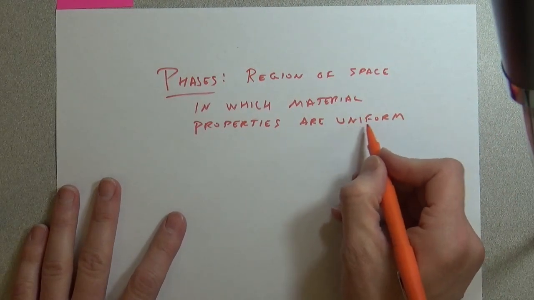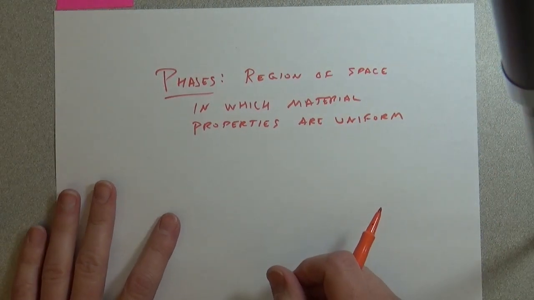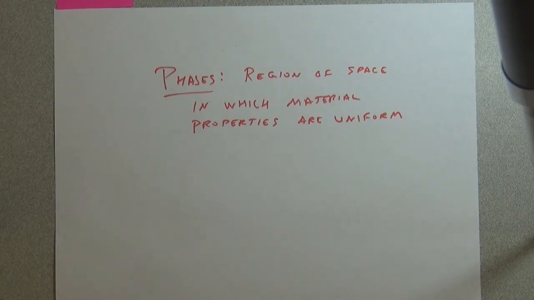Or, I don't know if uniform is the right word, perhaps the same is a better way of putting it. So a phase diagram is a way that we're looking at the existence of phases in a material system.